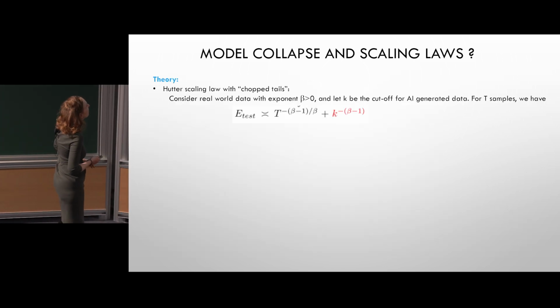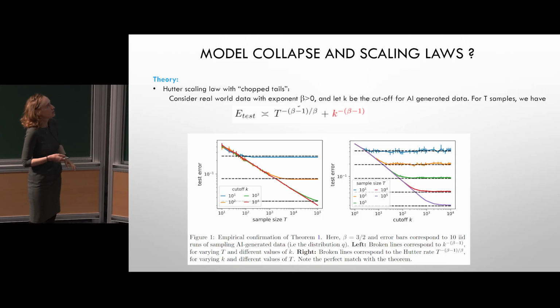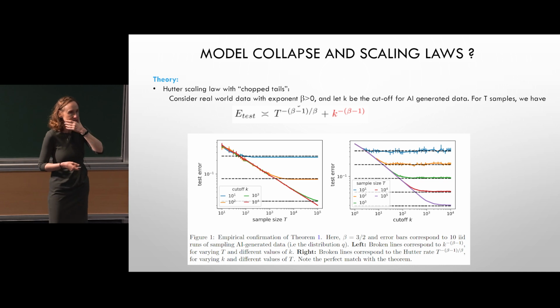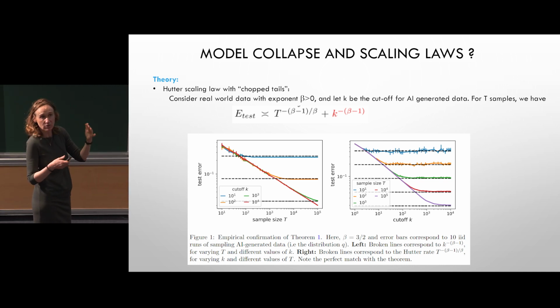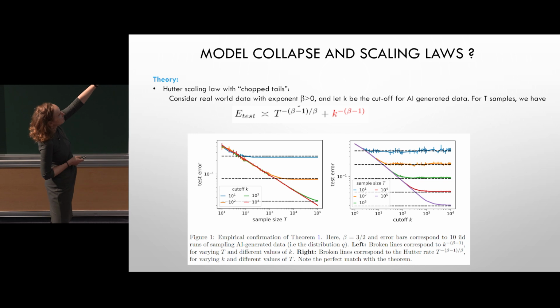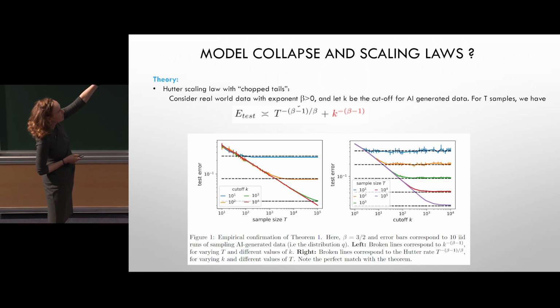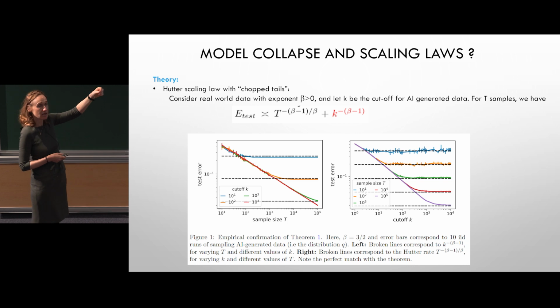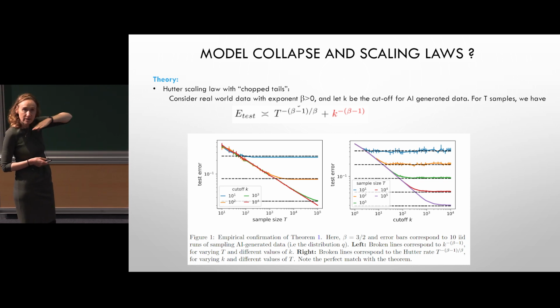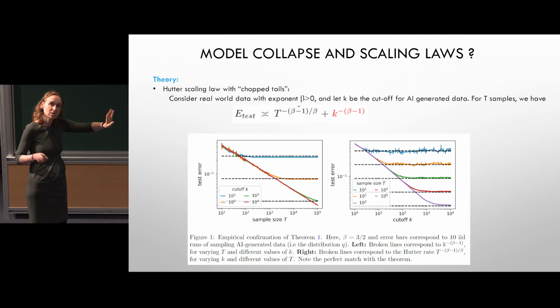All right, and so what we then proved in various models that are variants of the infinite memory model is that indeed, when you do the analysis, your scaling laws will stop. The original data was supposed to scale with sample size like this, the red line, and what happens when you have various cutoffs of the tail is that the scaling laws stop, and your performance just stagnates.